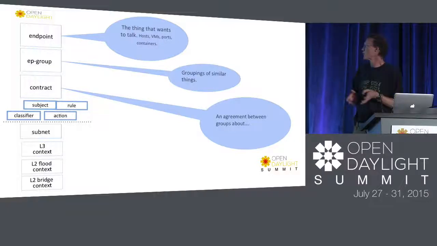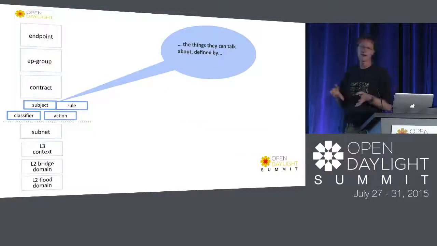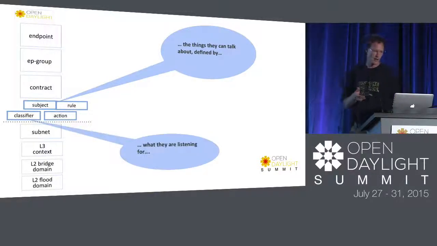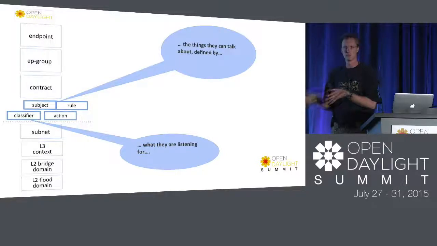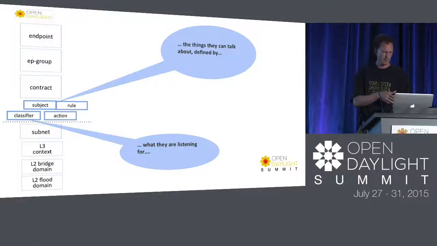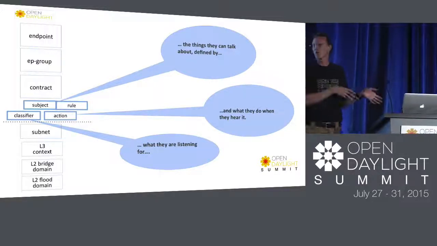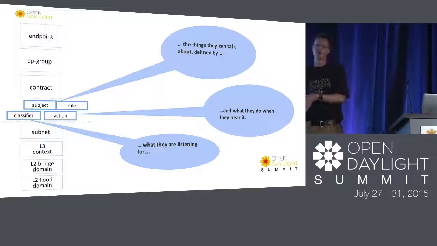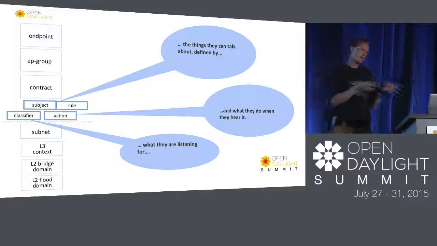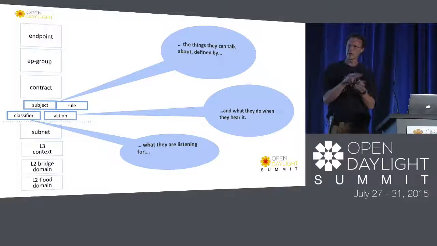And a contract is an agreement between these groups about the things they can talk about, which we call a subject, which is defined by what they are listening for, right, which we put into a classifier, and what they do when they hear that thing. So subjects, what can we talk about? Classifiers, how do I know when I've heard it? Action, what do I do when I hear it? And it's at that point that we actually start to inject the domain specifics.